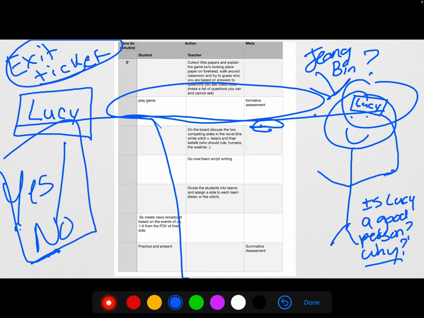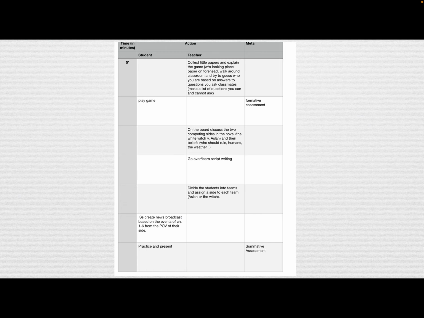So anyway, after this game of guessing who you are, we are going to do a significantly more advanced summative assessment activity.